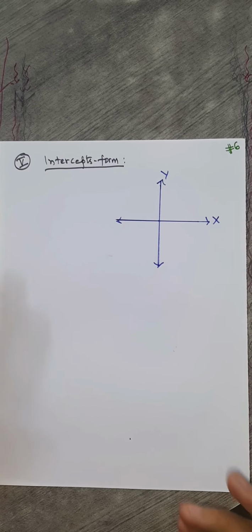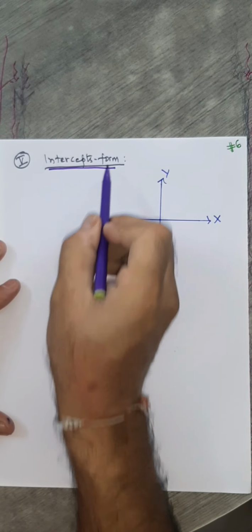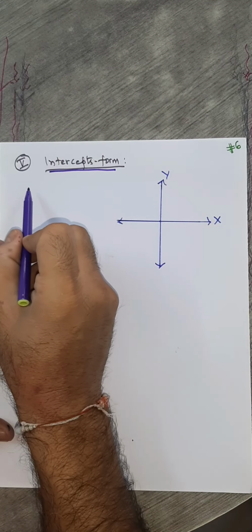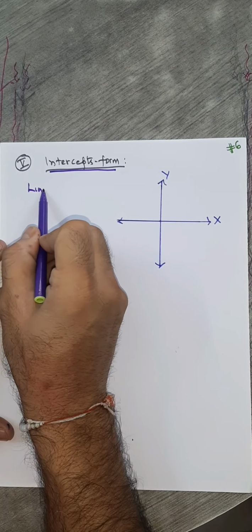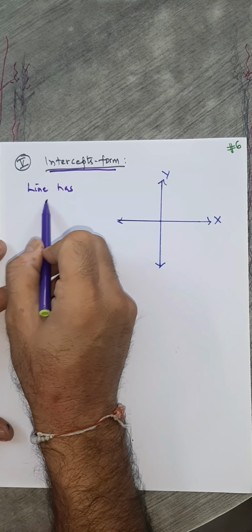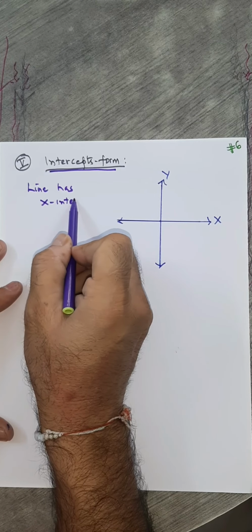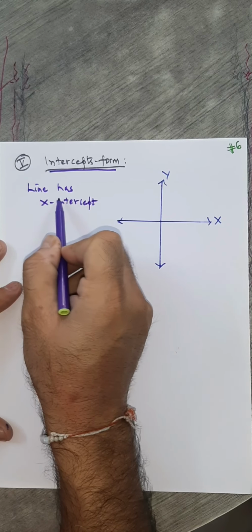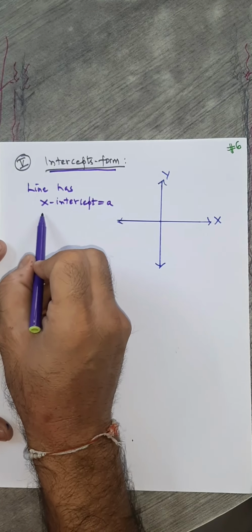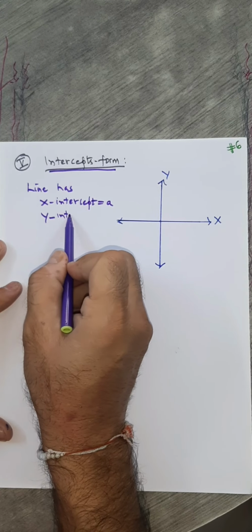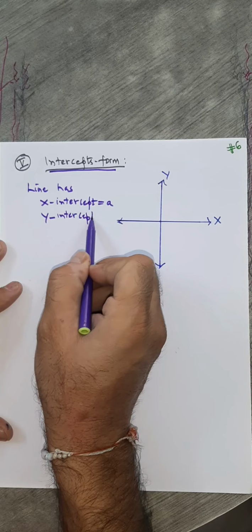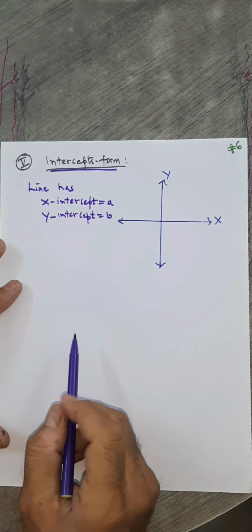So the next point is about intercepts. So you are given two intercepts. So the line has x-intercept equals small a and y-intercept equals small b. What's the meaning of this?